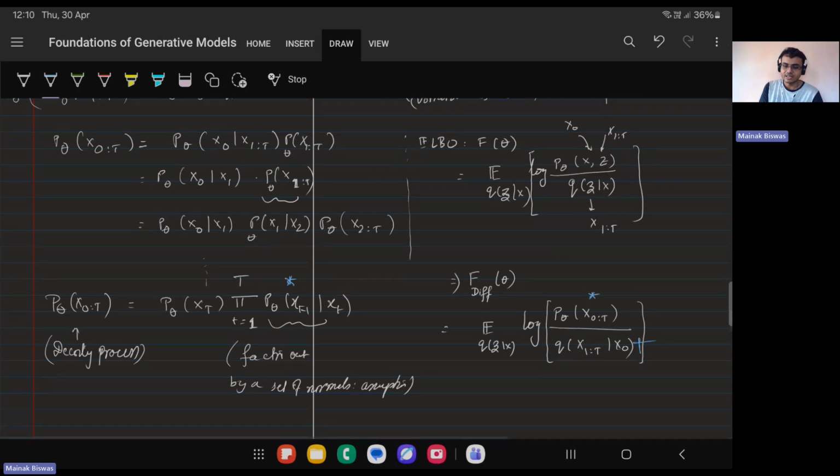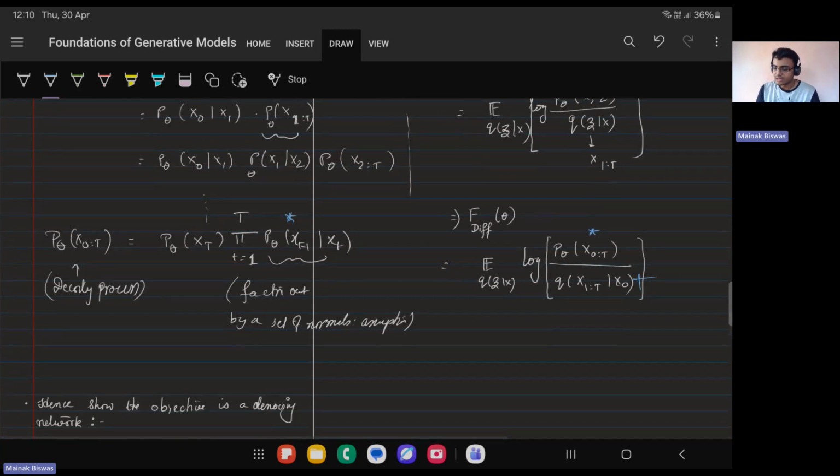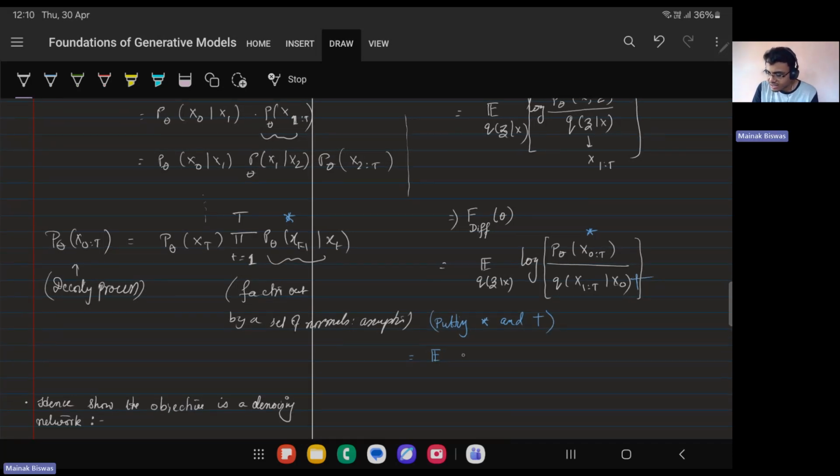So now I can write this as the expected value, putting in star and dagger, under q of z given x, of the log of the product over t equal to 1 to capital T of p theta of xt minus 1 given xt, times p theta of capital T. We know this is normally distributed, normal 0, 1, because we're going to sample from the normal 0, 1.